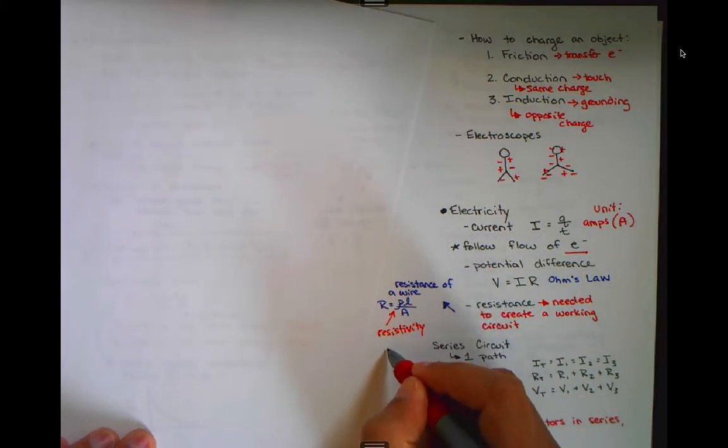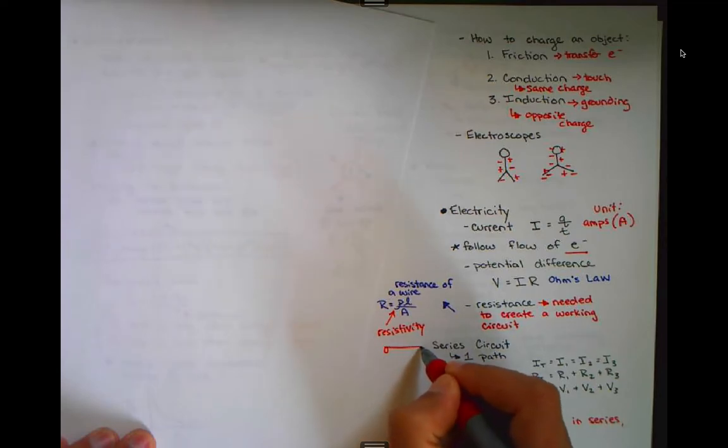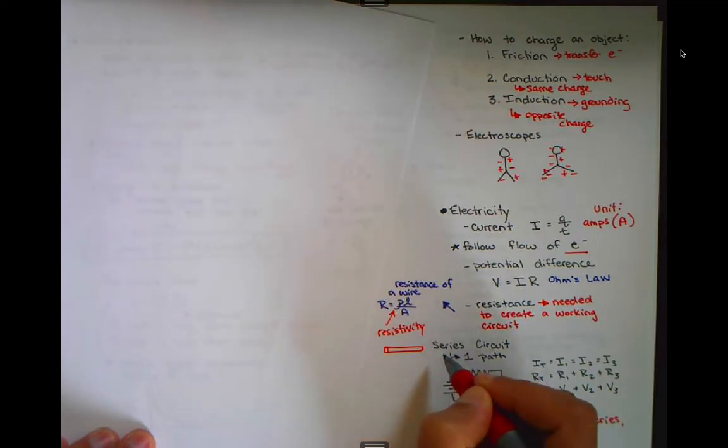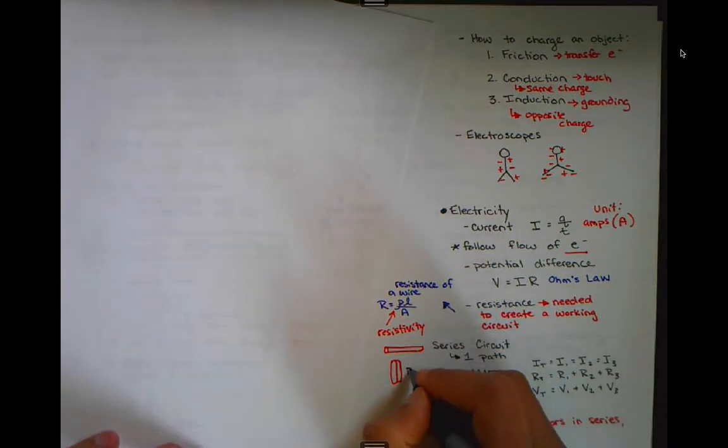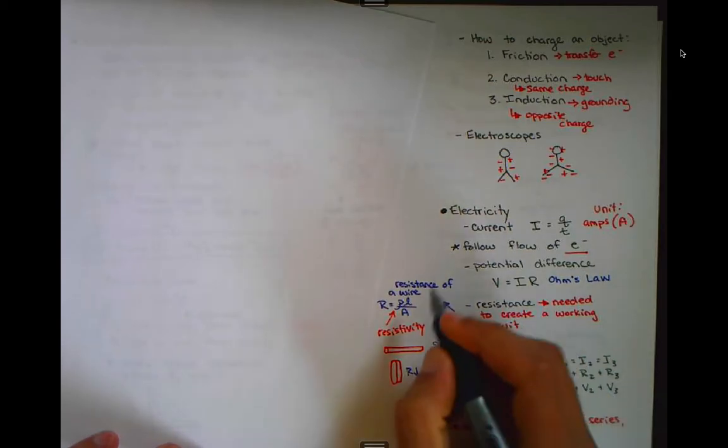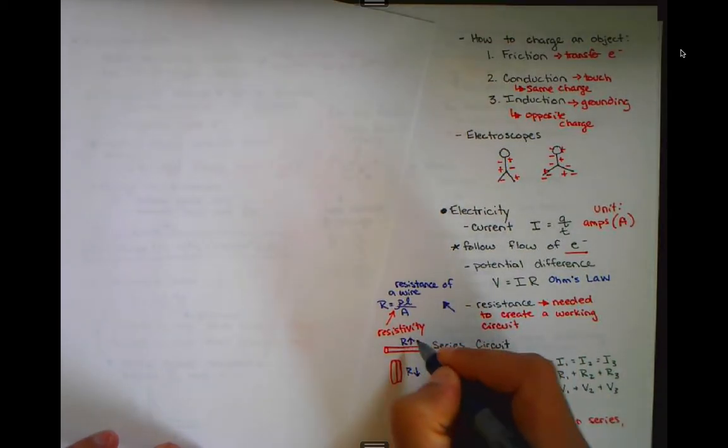So something that is long and skinny will have a very high resistance. Something that is fat and short will have a very low resistance. It's easier for you to crawl through something that's wide open and not very long, and much harder for you to crawl through something that is very small area-wise, but long.